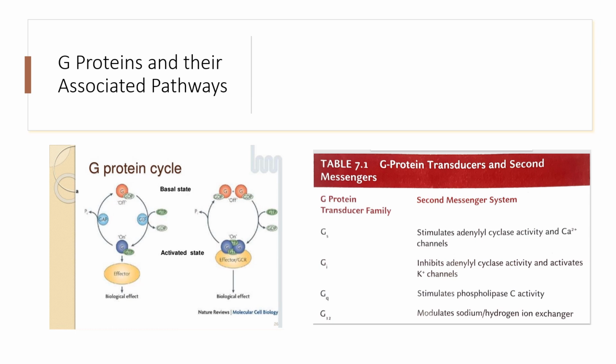And then you have the GI protein family, where its second messenger system inhibits the adenylyl cyclase activity and activates the potassium channels. So it is the exact opposite of the GS protein.